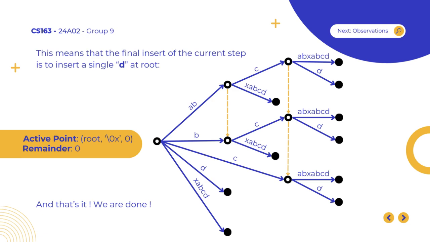And then we're done. The active point is now the root, null and 0, remainder is 0, and it's step 10, and we finish the algorithm right there.